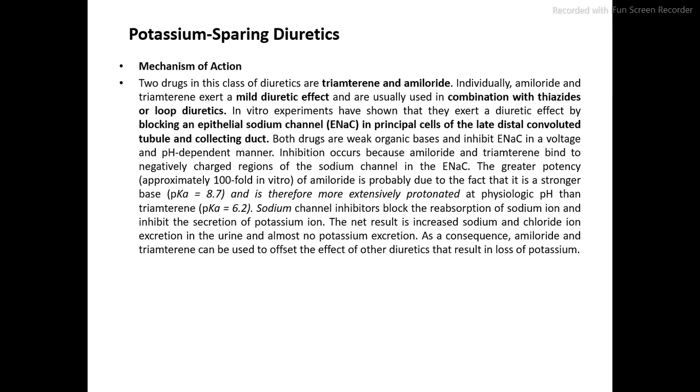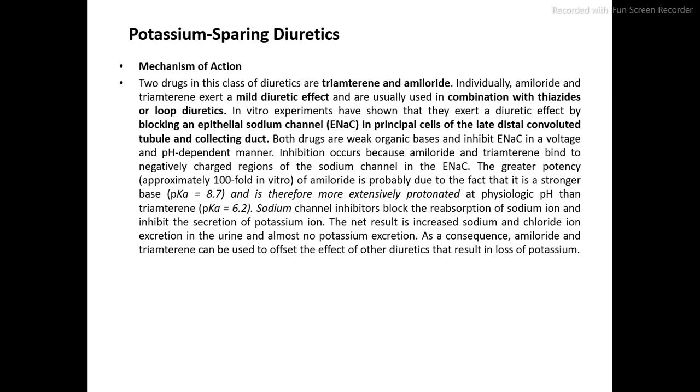As a consequence, amiloride and triamterene are used to offset the effect of the diuretics that result in loss of potassium. When given alone, they also excrete the potassium ion, and hence these potassium sparing diuretics are generally given in combination with the thiazides or the loop diuretics.